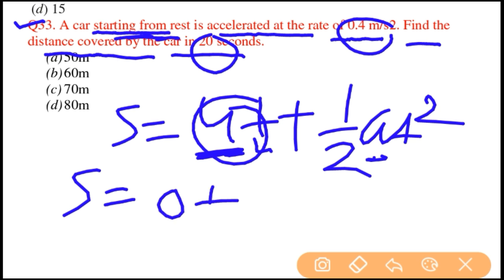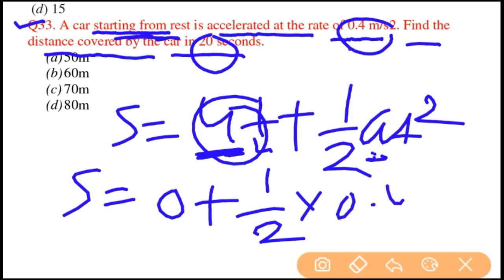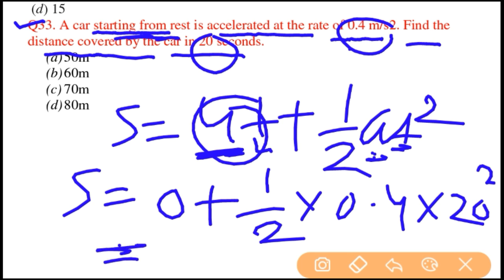So 0 plus half into 0.4 into 20 square. You can calculate this, the answer will be 80 meter. So option D will be the correct answer.